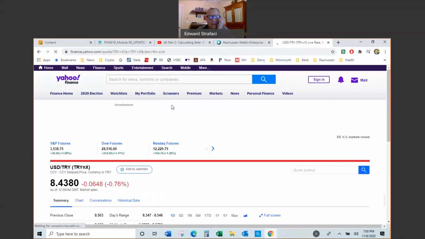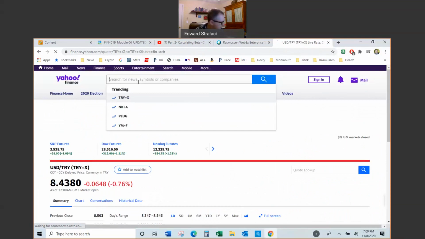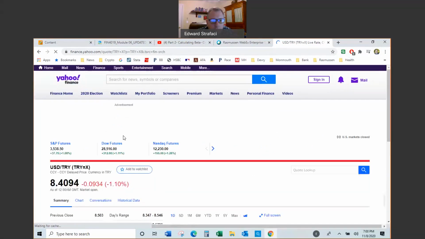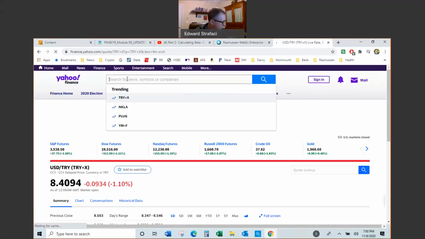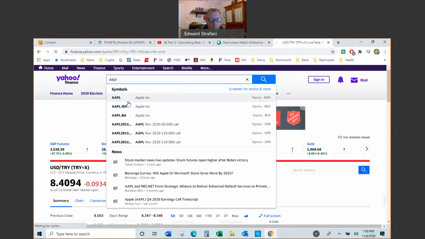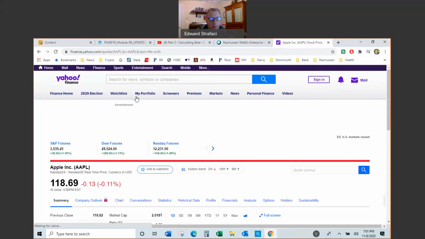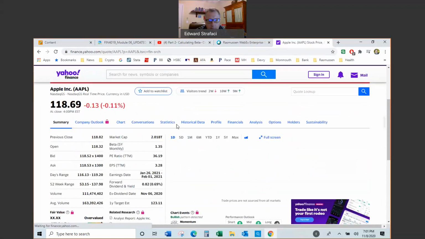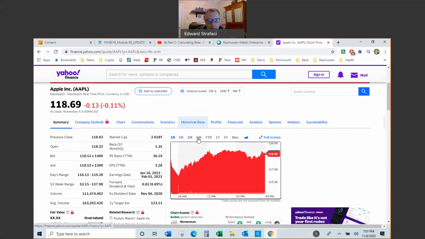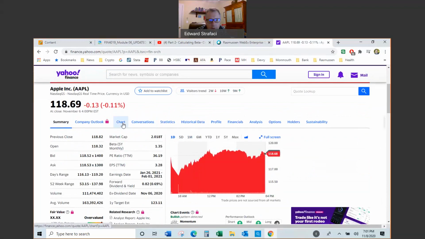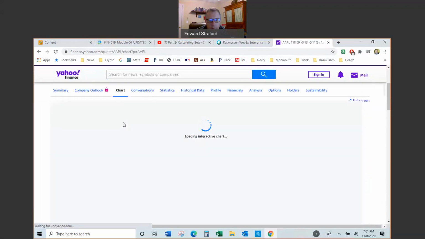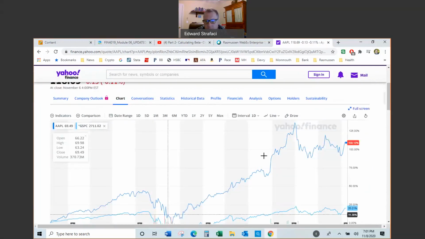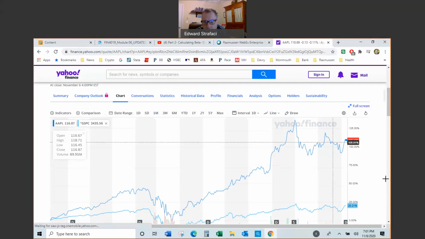I believe you can see a trend line here. And let's go to price. Charts. So notice you got this chart of Apple versus the S&P 500. Apple's done much better.